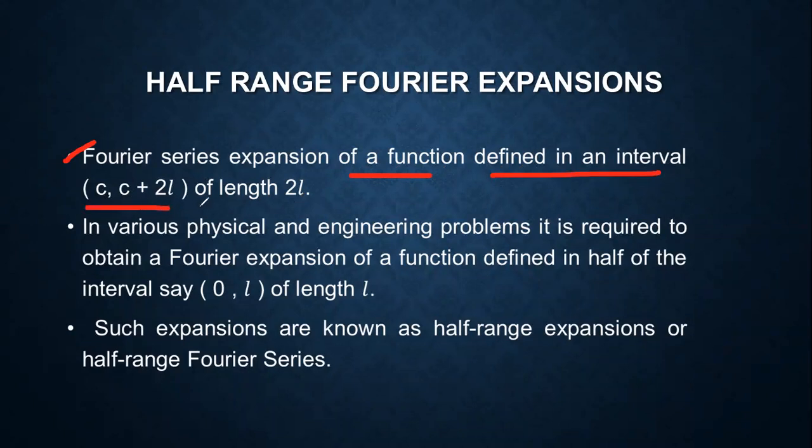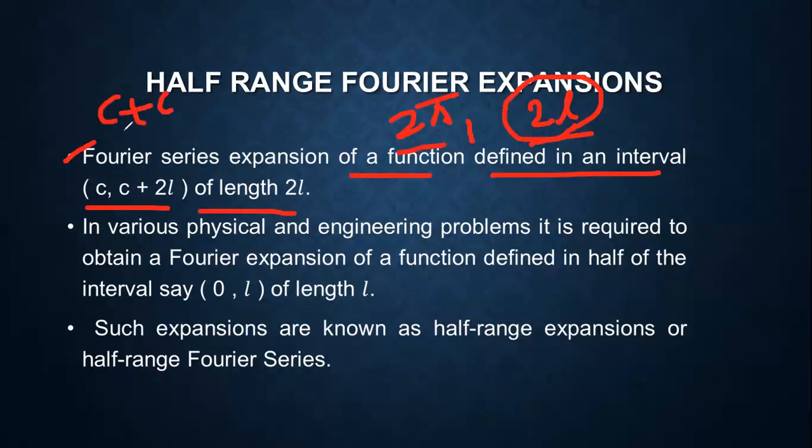What is the length of the interval? 2l. So instead of 2 pi we are taking the length of the interval as 2l, a new quantity. Instead of c to c plus 2 pi, we are taking the new quantity c plus 2l.